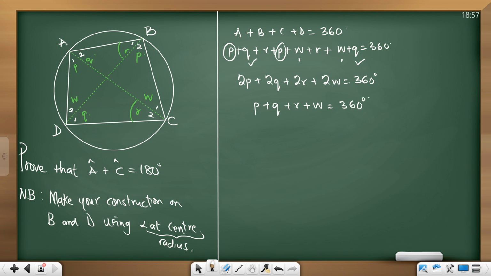It's equal to 180. What's your P and Q? Do you notice that's A? What's your R and W? That's C. And the same way, B and D will also be equal to 180, because I just need to rearrange.